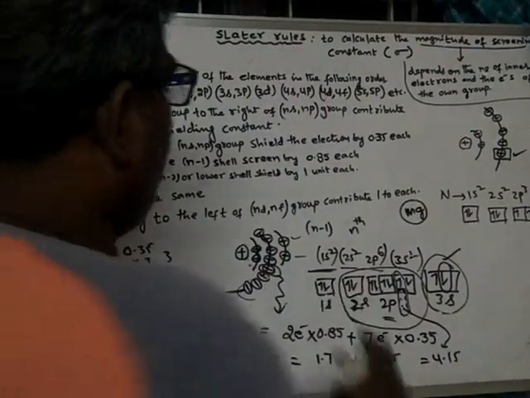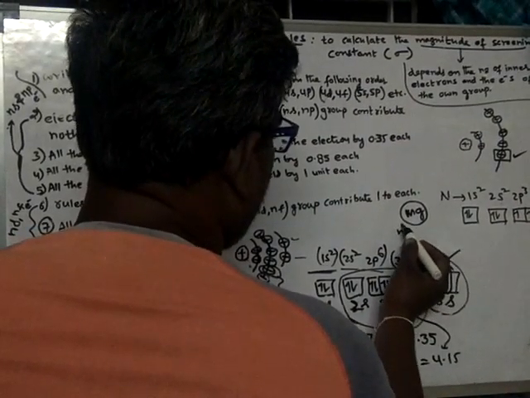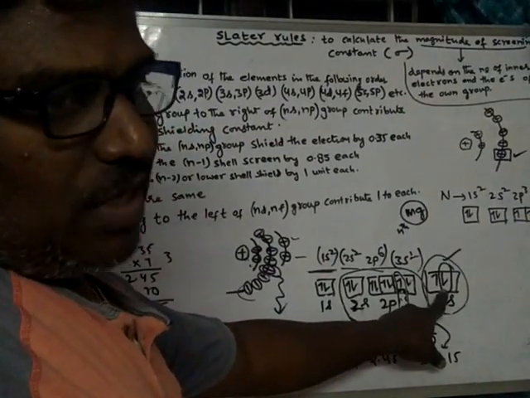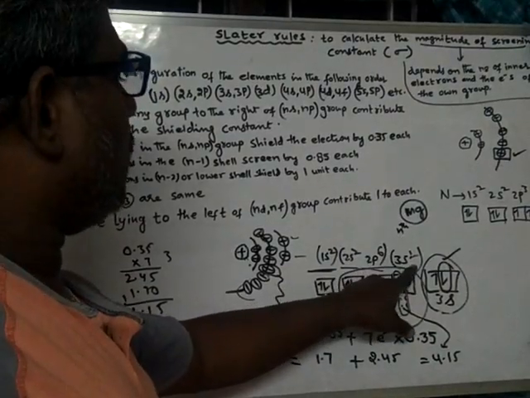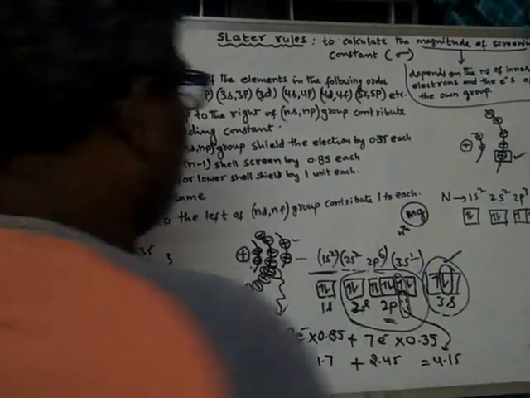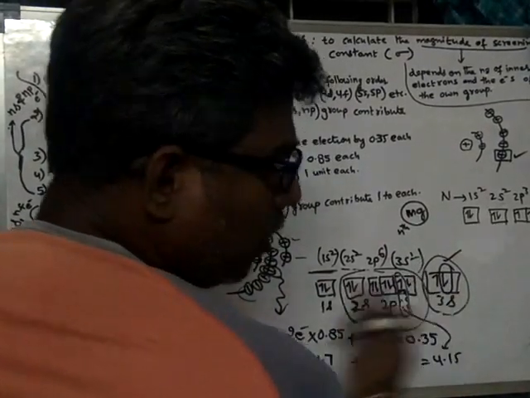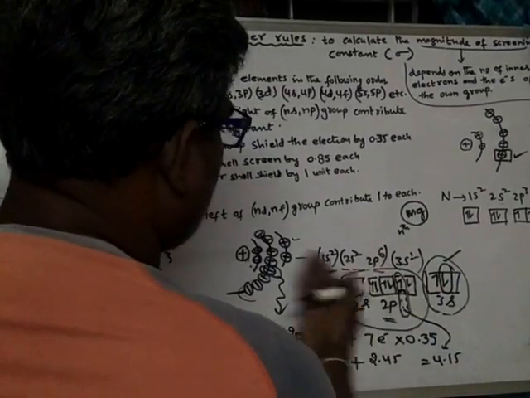Okay. Now this will become the nth group, because the group in which the electron we are going to calculate is present is treated as the nth shell group. And here this is the second shell, it becomes the n-1 shell. So from the back side we have to go inside. From the back side we have to move towards the nucleus.